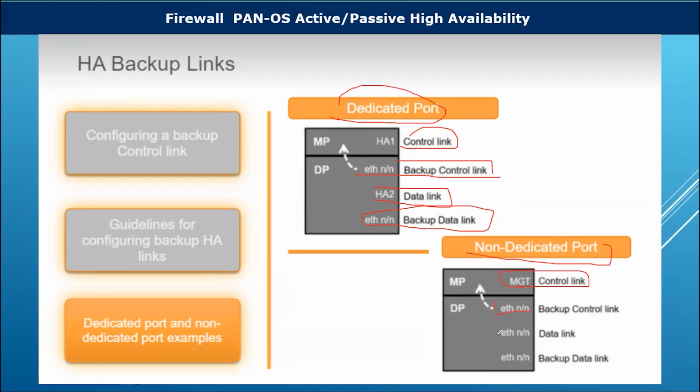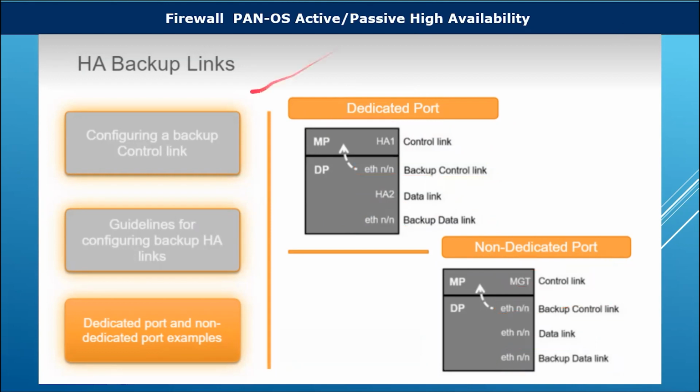For Ethernet, suppose this one is 1, 2, 3, here we can use 1 or 2. In the case of Ethernet 1, backup control link, data link, backup data link. In this scenario you can follow this and you will get this here. So this is the concept of your HA backup link and HA dedicated link.